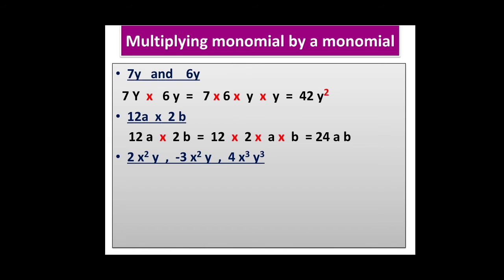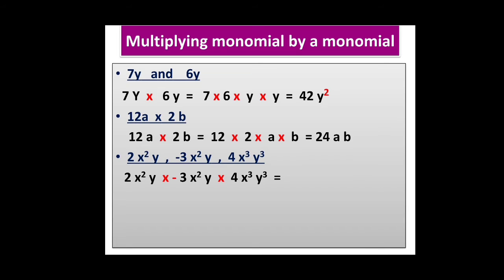2x square y, minus 3x square y, 4x square y cube. Now let us start doing the multiplication of these monomials. First we are taking the product of all the terms: 2x square y into minus 3x square y into 4x square y cube. Now what we have to do?